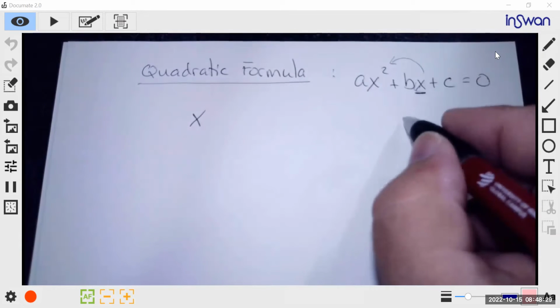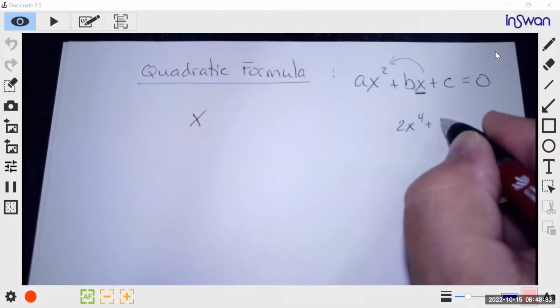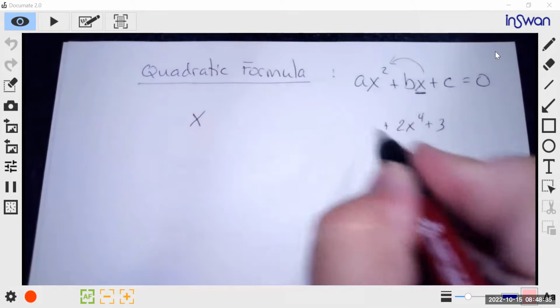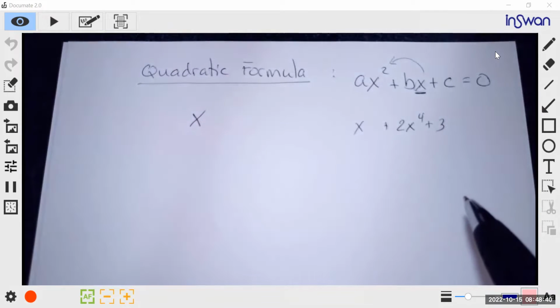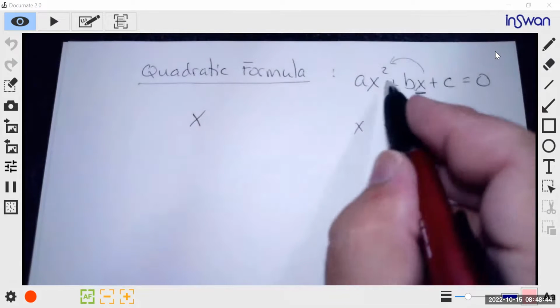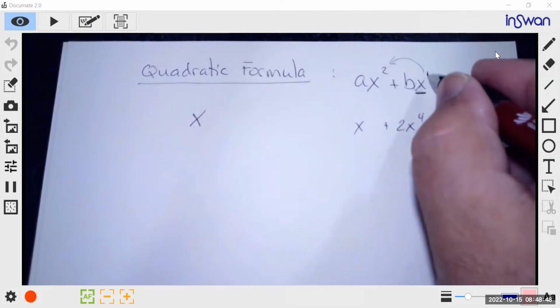Whatever that one is, as long as it's 2 times as big. So if the middle term, if we had 2x to the 4th, what would this x here have to be? No, see, this one here is 1. There's only one right there. How do you get from 1 to 2?